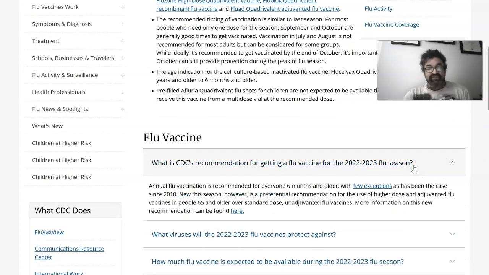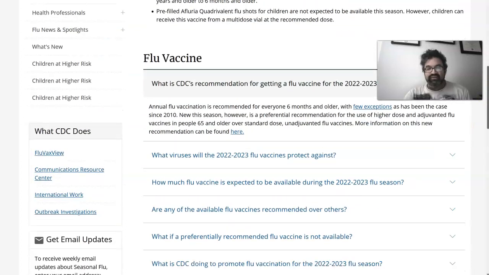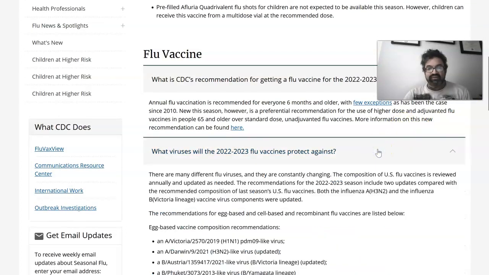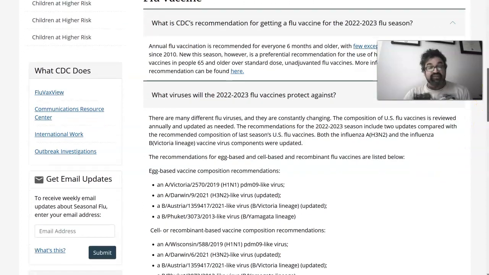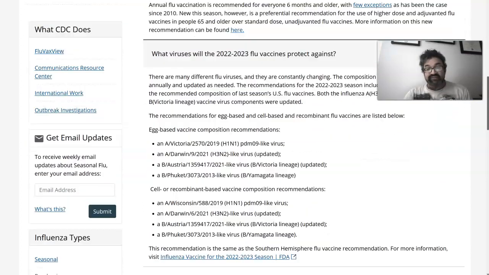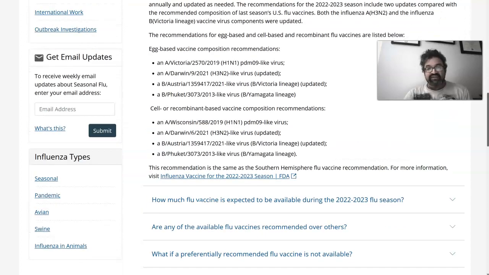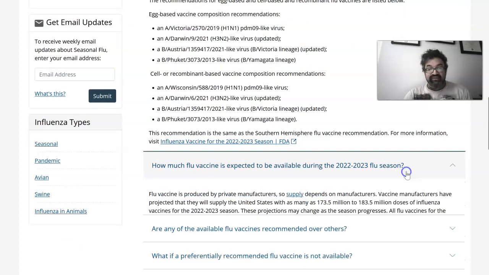So what are the recommendations? Well, annual flu vaccination is recommended for everyone 6 months and older. There are many different flu viruses and they are constantly changing. There are some that are egg-based, so if you have egg allergies, you might want to take the cell-based or the recombinant flu vaccine.